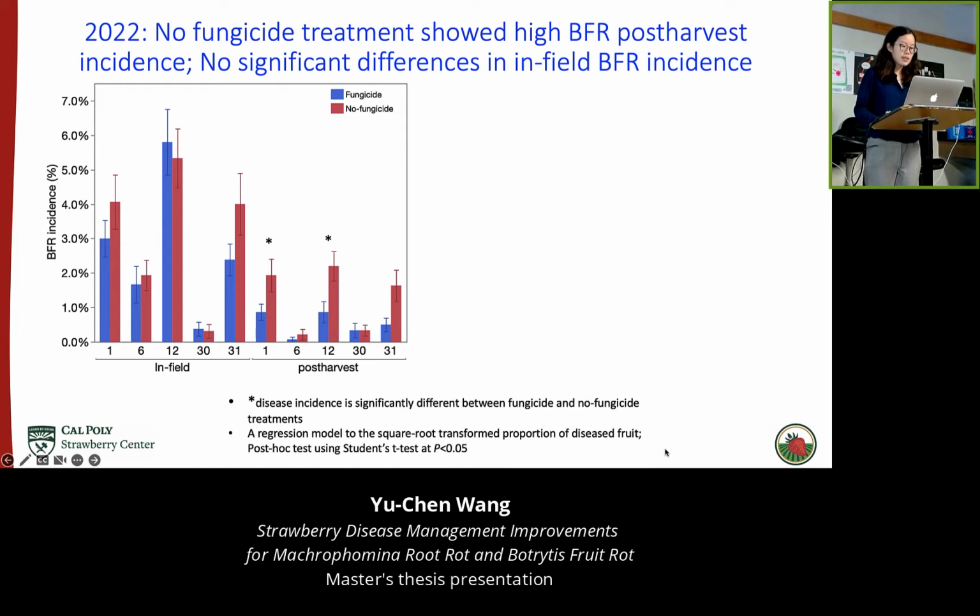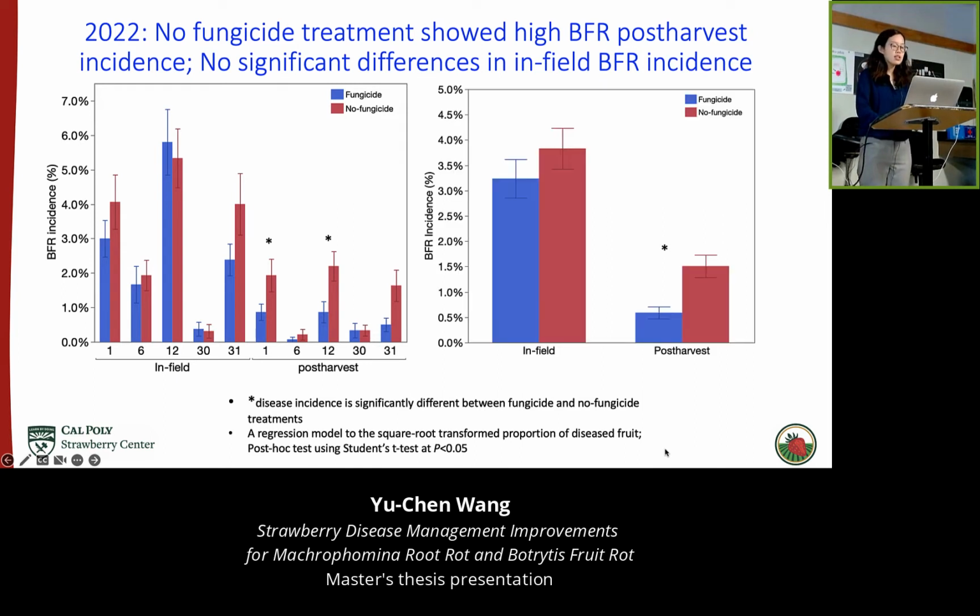And that shows when all the conventional data are combined: the post-harvest Botrytis incidence with no fungicide shows higher incidence. However, it's still very low. It's about 3 to 4% for the in-field and about 0.5 to 1.5% for the post-harvest.